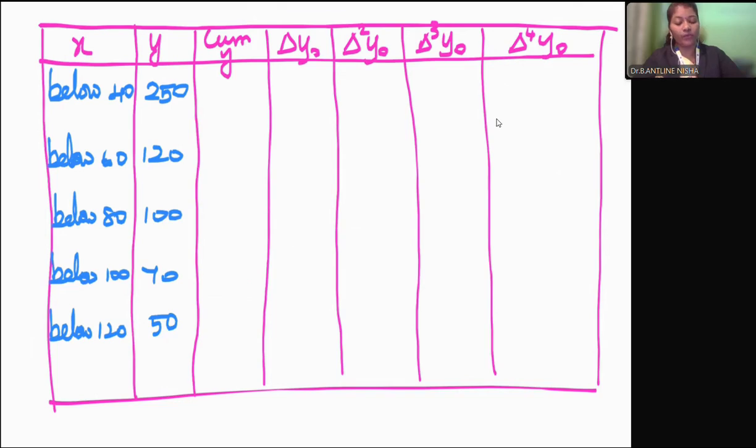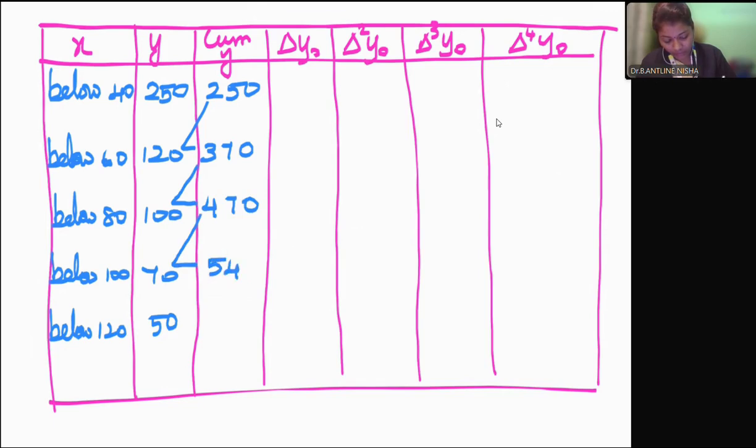Next we have to frame cumulative y. So how can we frame cumulative y? First you write 250 as it is. Next you add this 250 and this 120. You will get 370. Next if I add this 370 and 100, I will get 470. 470 plus 70 is 540. 540 plus 50 is 590.